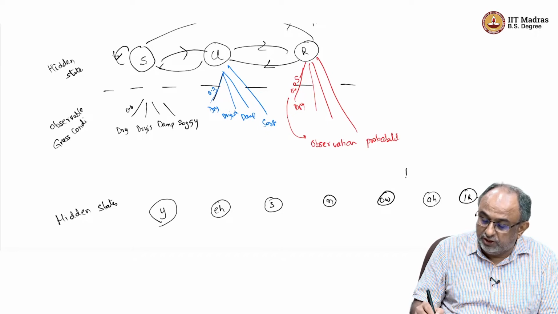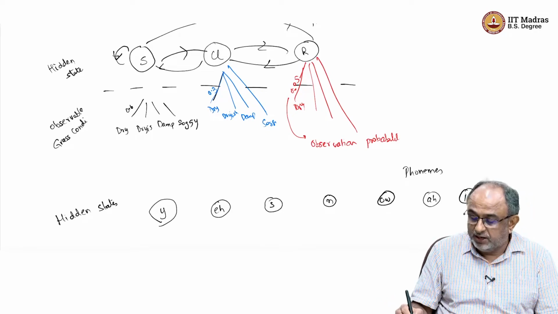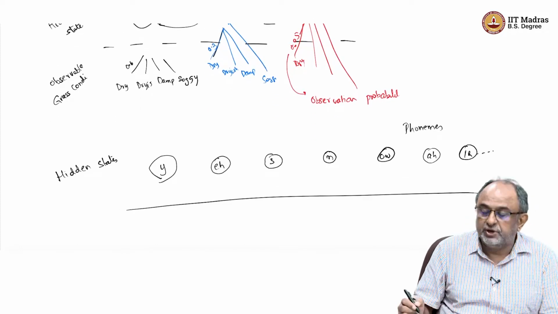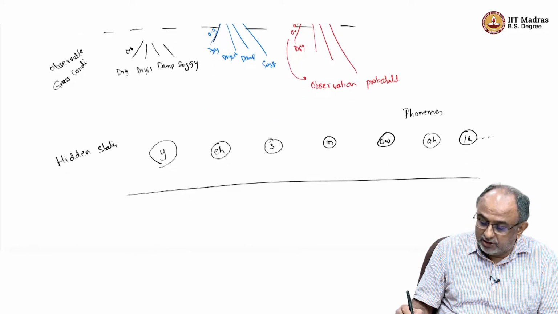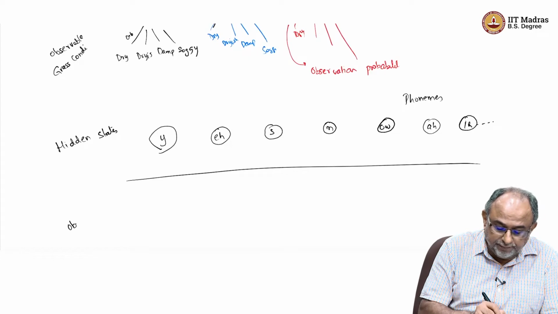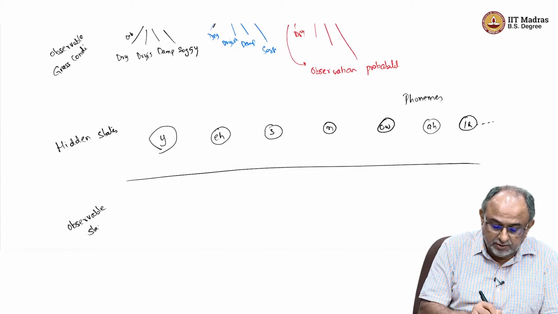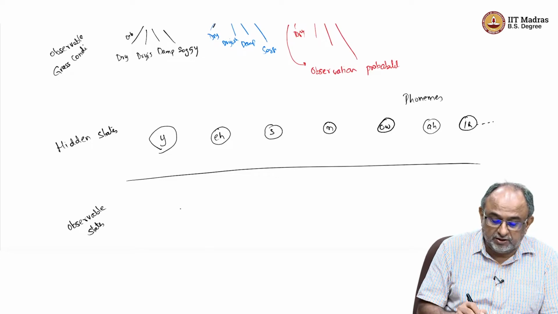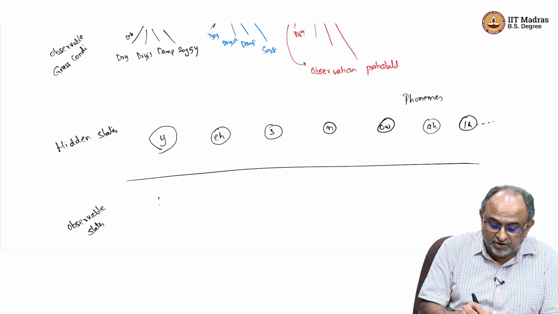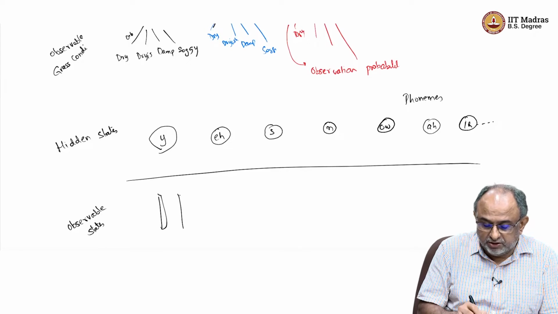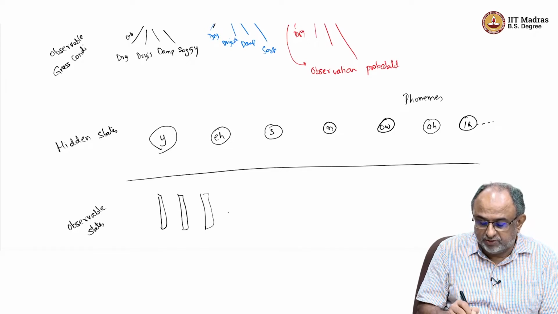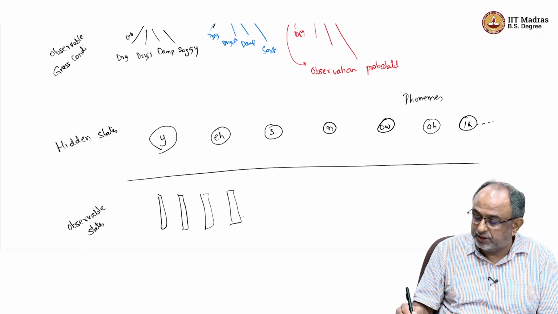So the phonemes turn out to be the hidden states, and what you observe, the observable states, happen to be the MFCC vectors, or Mel filter bank vectors.